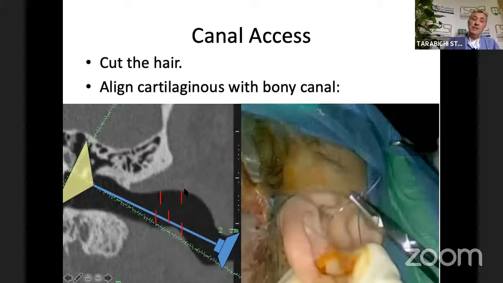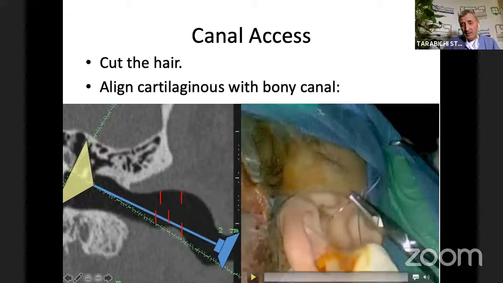And this is something that I'm doing more and more. This is what I like to call the Torabi retaining suture. So you can see here that if you're sticking the endoscope, there's a hair here, and so the endoscope on the way in and the way out is going to get smudged. And again, there is really a very different angle between the cartilaginous ear canal and the bony ear canal.